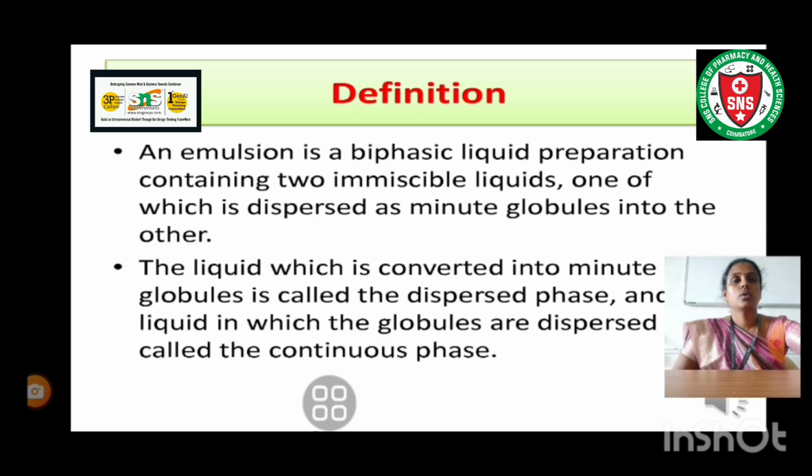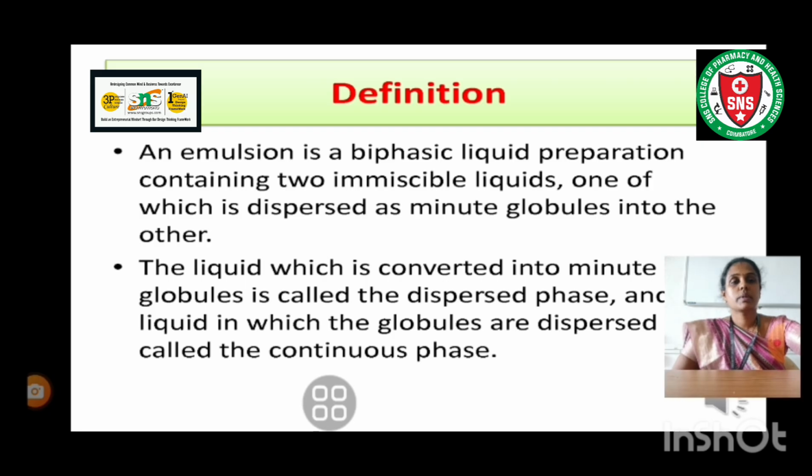As we all know, an emulsion is a biphasic liquid preparation which contains two immiscible liquids. Both are immiscible with each other, that is, they do not mix with each other, one of which is dispersed as minute globules into the other.